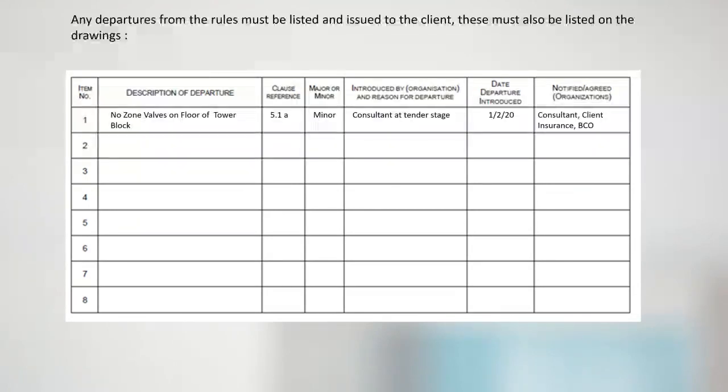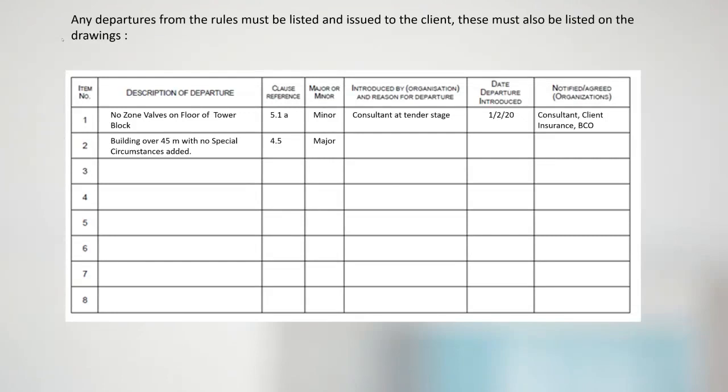And that's what a sprinkler contractor will ask for, or what it should ask for. So buildings over 45 metres with no special circumstances, for instance, that might be clause 4.5. Now, we'd see that as a major, because that could affect the design of the system.